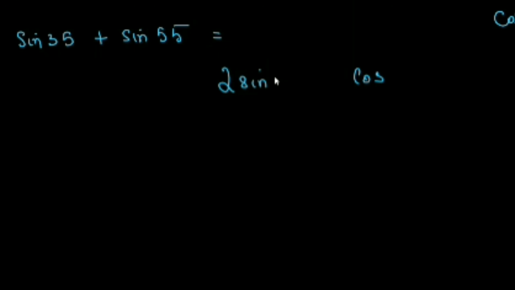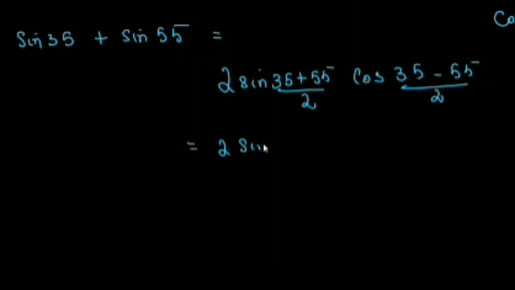Add the angles and divide by 2: 35 plus 55 by 2, 35 minus 55 by 2. 2 sine 90 by 2, and here cos, you get a negative angle. So what is that equal?